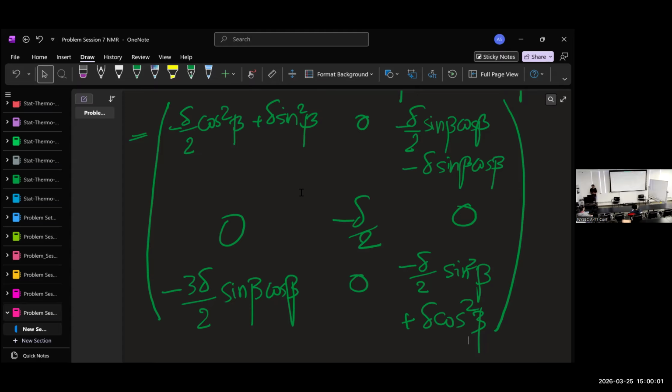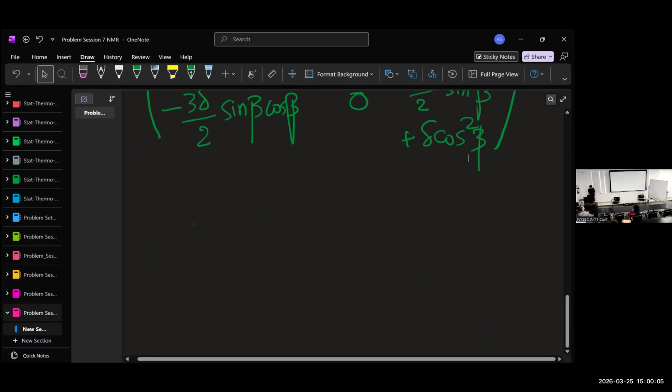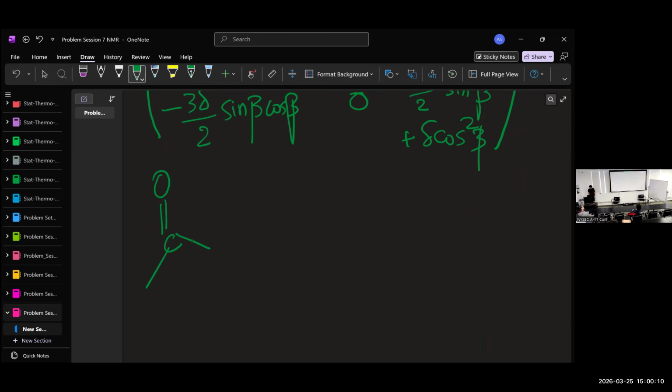Does this make sense? Let's say you've got a carbonyl group. I'm trying to represent the plane of the carbonyl perpendicular to the screen, so the z-axis is in the screen. And you have a conformational fluctuation, which is causing this carbonyl to bend in this manner.